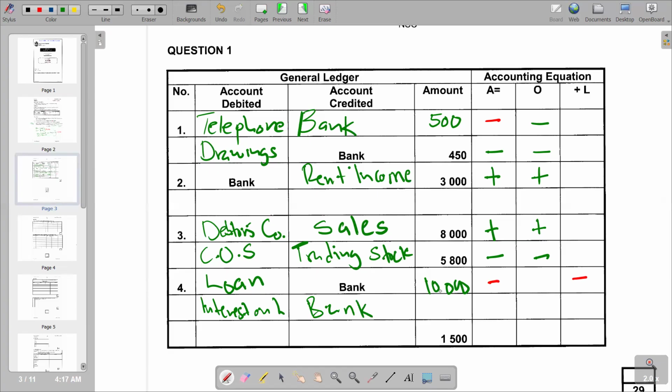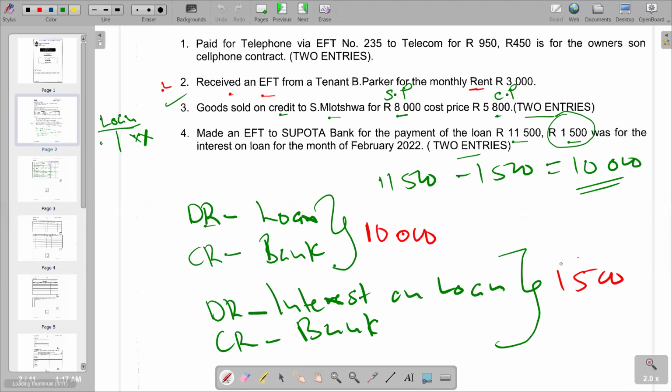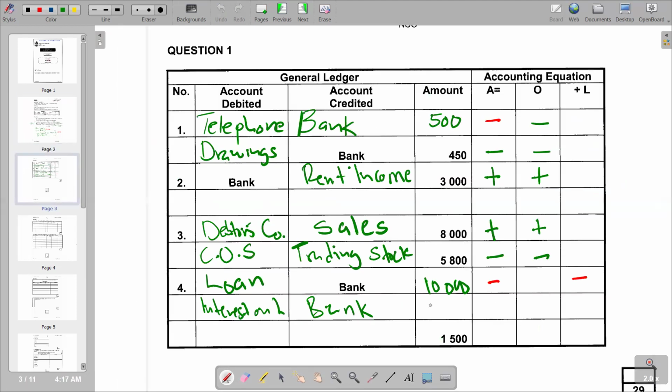Remember, we can just compare back. The amount that we are having is 1,500. Then interest on loan is an expense. So all expenses reduce owner's equity, so it's a minus of owner's equity. The bank is an asset. We're crediting bank, so the asset is a minus. So this is what we have.